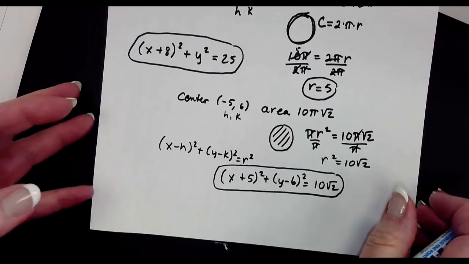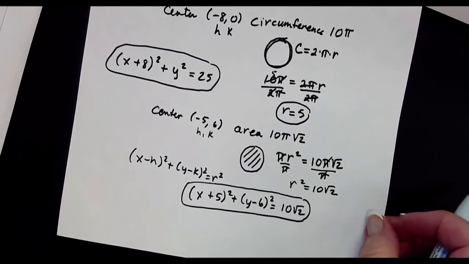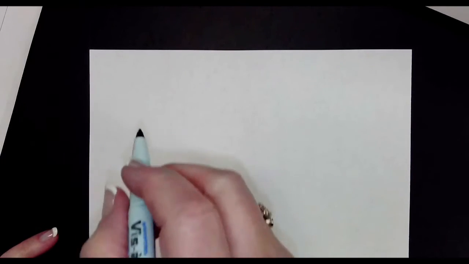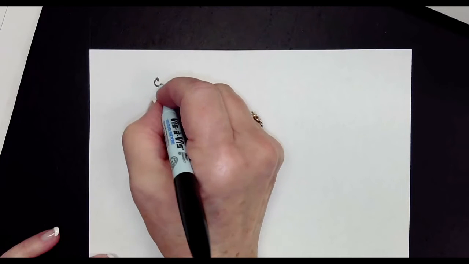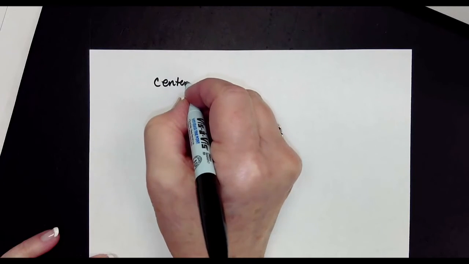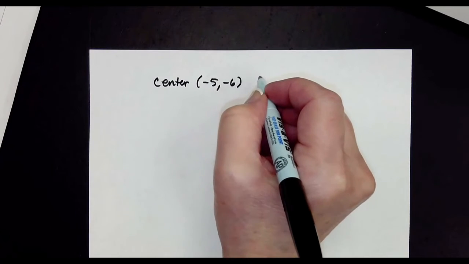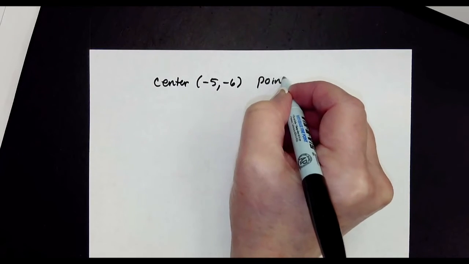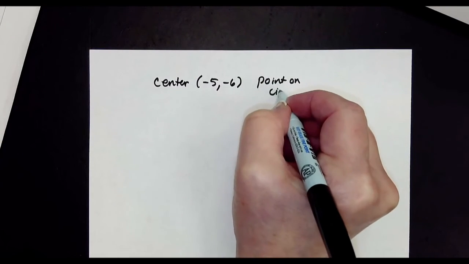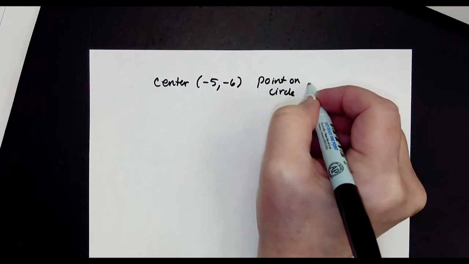So we're okay with this one? All right, the next one we're going to do is one that gives us some things that we have to figure out. So we have the center is -5, -6, and the point on the circle is 2, 3.